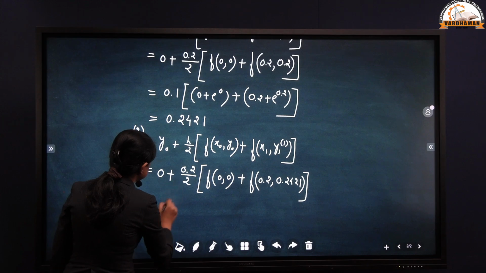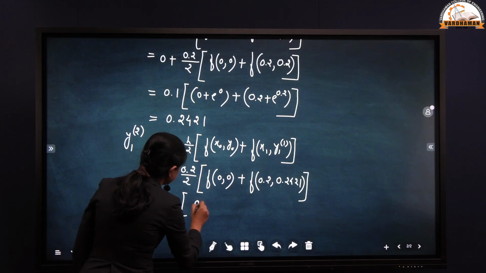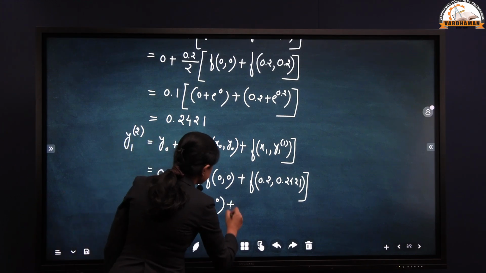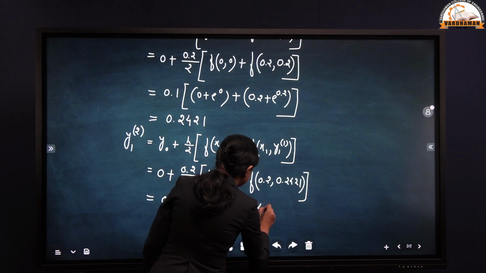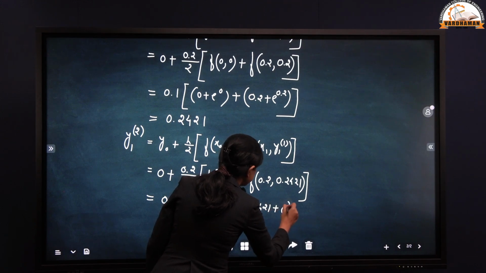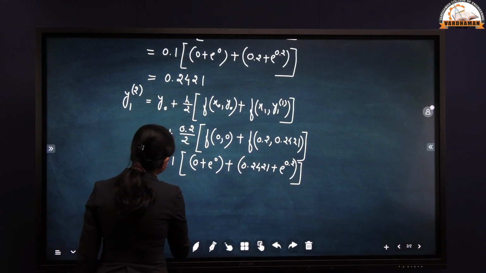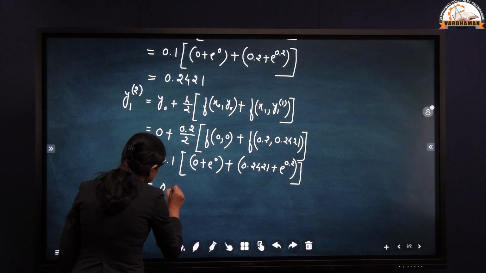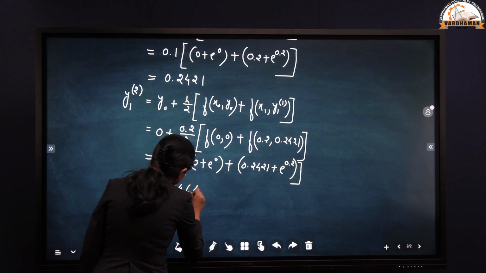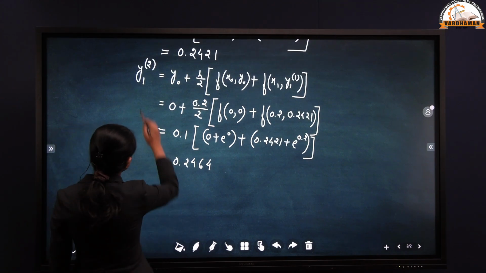So we have 0.1 into 0 plus e power 0 plus 0.2421 plus e power 0.2. So if you compute this, we will get 0.2464.